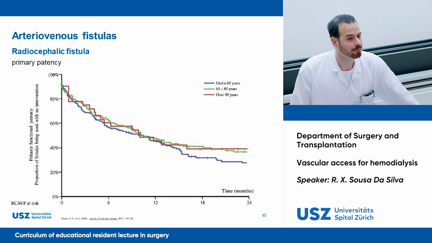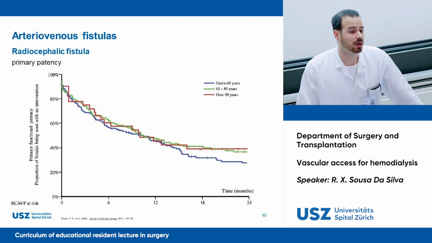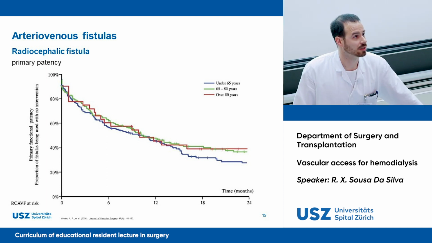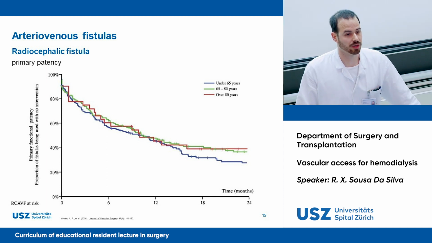But secondly, he showed that patients over 80 years have an equal outcome to patients aged 65 to 80, which means you should also provide those people with shunts if needed and not use age as a reason not to perform a shunt.